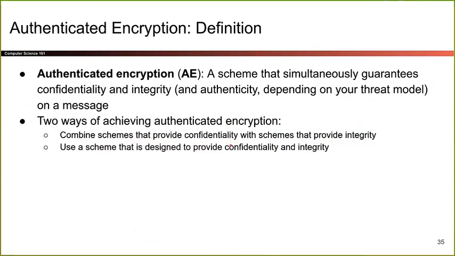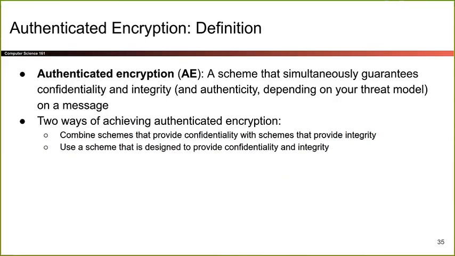Why is it called authenticated encryption if authenticity is the one thing it doesn't always have? That's a good question. I think cryptographers just name things weird. Maybe Nicholas has a smart answer for why it's named this. Okay, I'll take that as a no. Integrity and authenticity are very closely related.